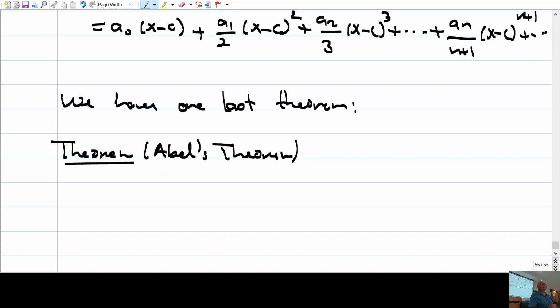Abel's theorem is about the convergence at the endpoints. We know that a power series has a radius of convergence, and sometimes it converges at the endpoint, sometimes it doesn't. Abel's theorem is about convergence and continuity at the endpoints. This statement looks like a very marginal result, but this is a very important result.